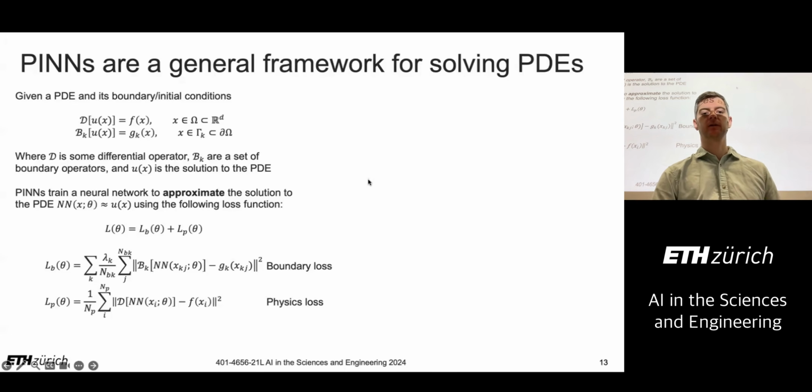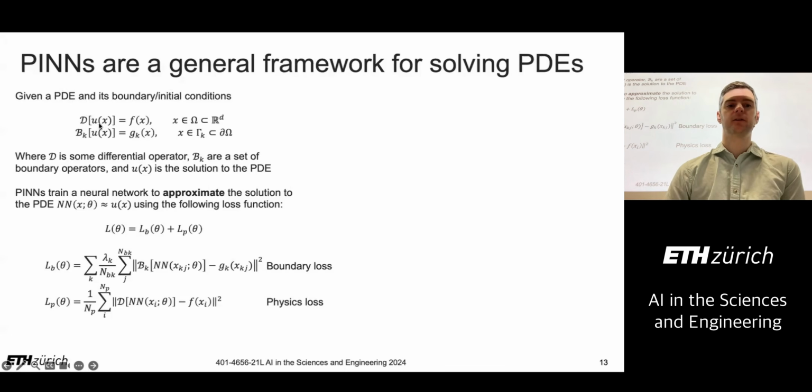So we can set up PINNs in a more abstract way and say, given some PDE, and I'm not being specific about what PDE, and some boundary initial conditions. The PDE in general is just some differential operator that's applied to the solution that gives us maybe some function as output, where we have some domain in some d-dimensional space.